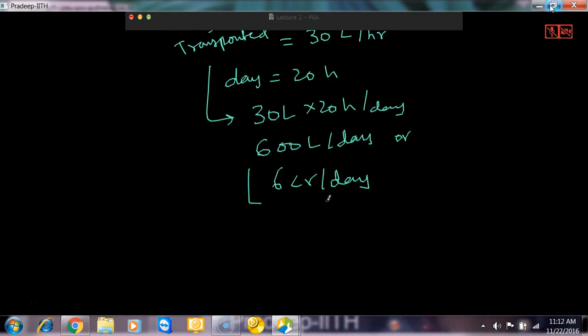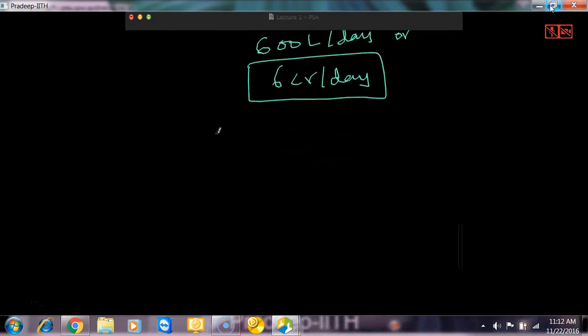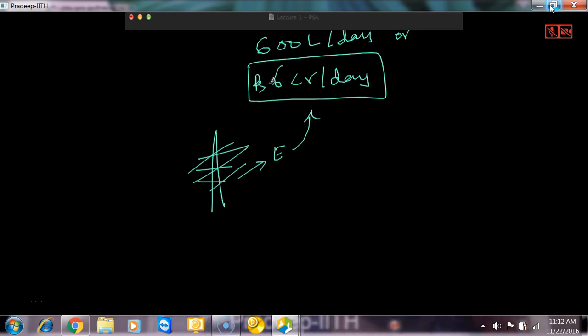So this is the number. Whenever you see a very large transmission tower, you should get this image that every day it is transporting energy worth 6 crores. So this is in rupees.